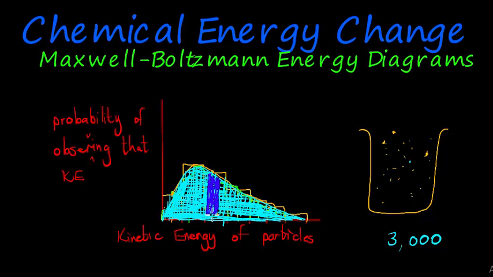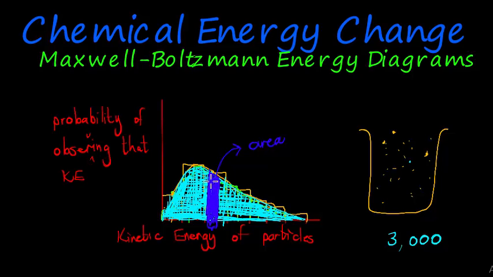For example, what's the probability of observing a value between these two values? In a probability curve, that probability is the area covered under the graph for that interval.